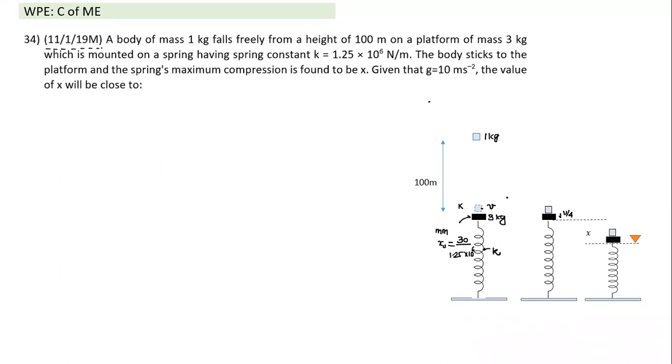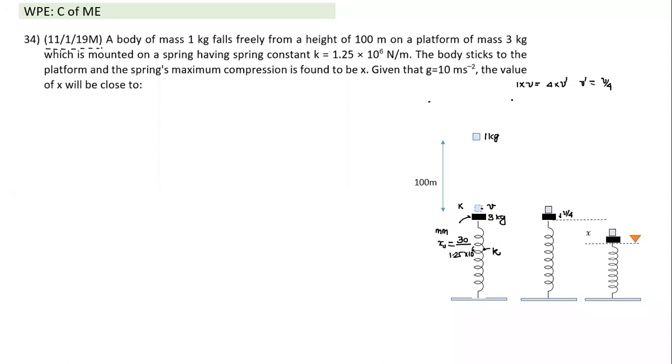We'll do it again in case of collision. Whatever kinetic energy it had just before collision, after an inelastic collision there is a loss of energy. Energy is not conserved. Initially, before collision, 1 into v has to become equal to the total mass 4 into v dash, where v dash is v by 4.